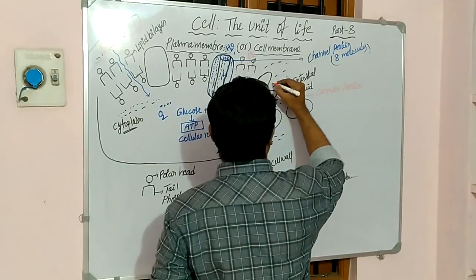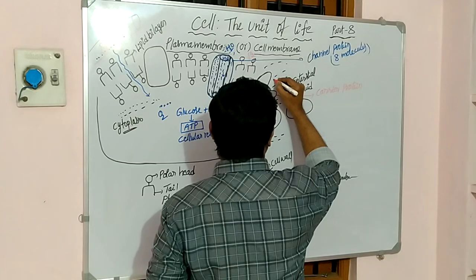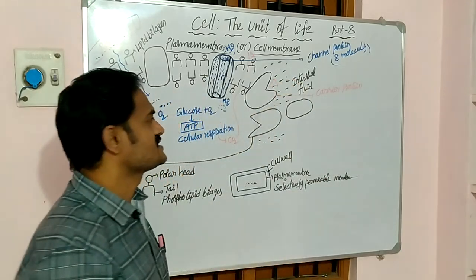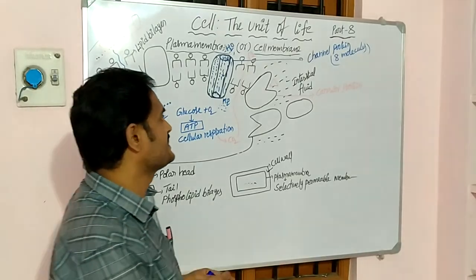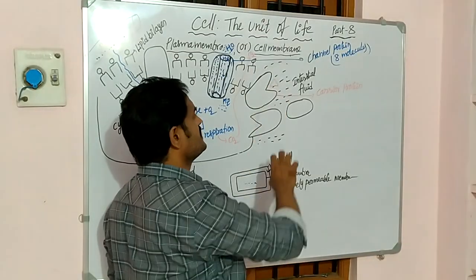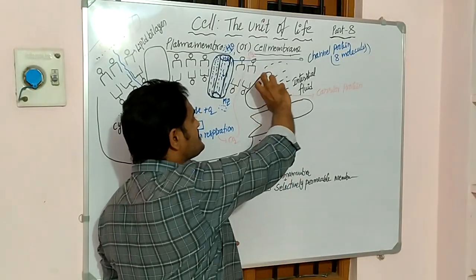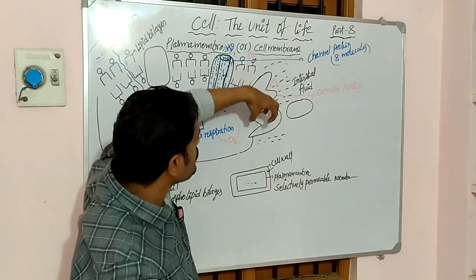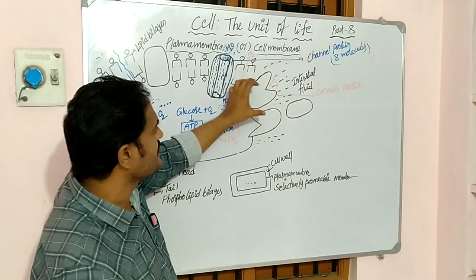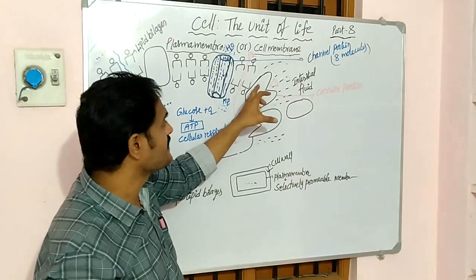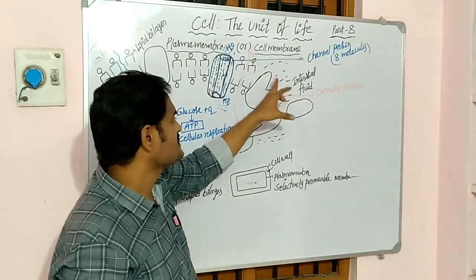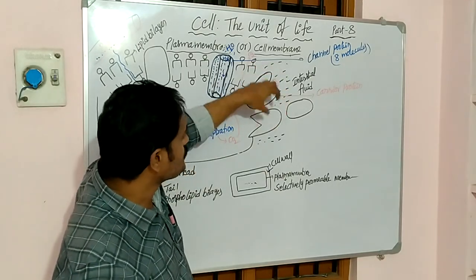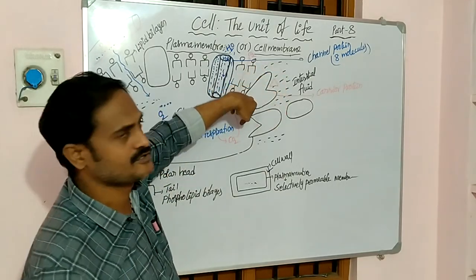For suppose it collects some substances from the interstitial fluid. The substances are collected by the carrier protein, and this carrier protein starts to rotate towards the cytoplasm.